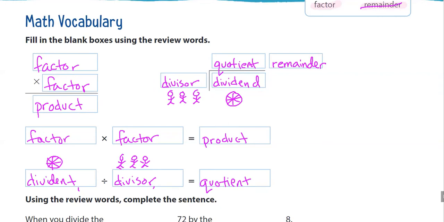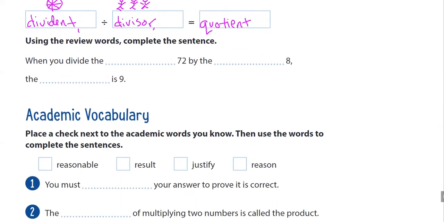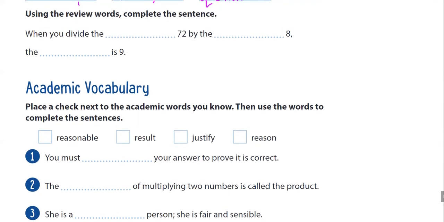But you know that 3 times 2 is the same thing as 2 times 3. So the factors can flip back and forth. That's why they don't need different names, because of the commutative property. And yes, I do expect you to remember that forever, until you're old and gray, and then you can forget it.